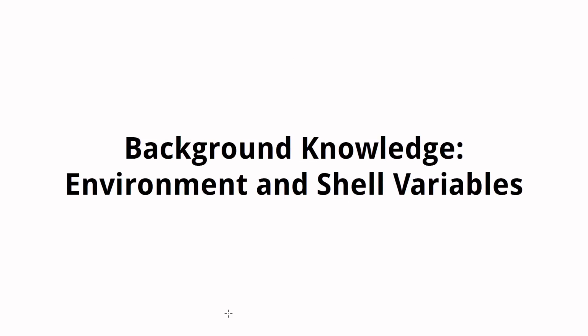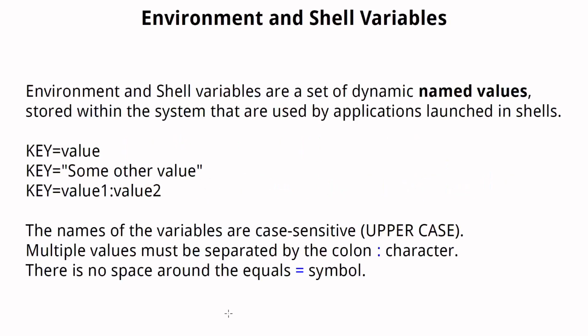So after system calls, we also need to know a little bit about environment and shell variables. Environment and shell variables are a set of dynamic named values stored within the system, and applications can use them. They take this kind of format, a key equals some value.